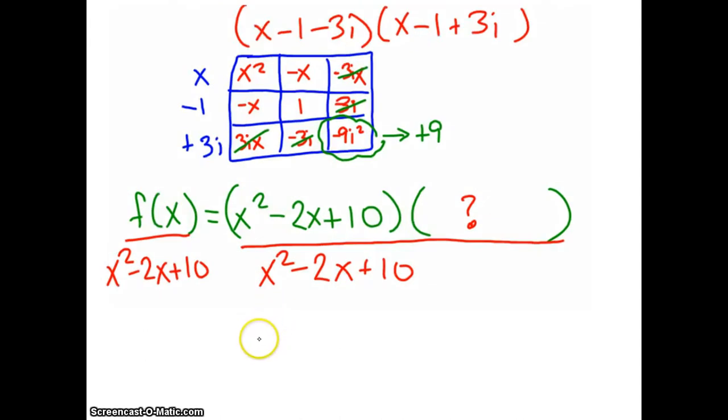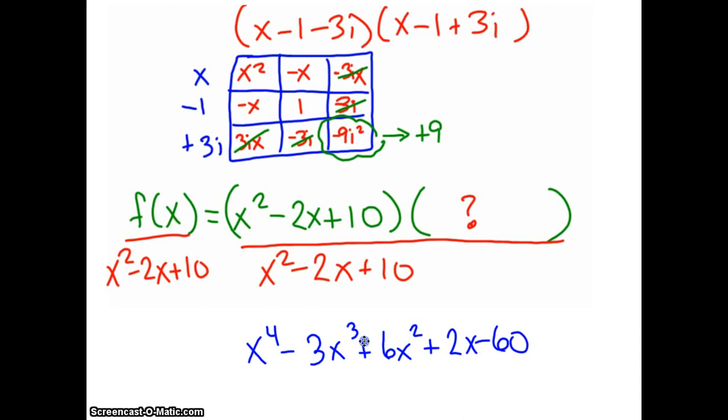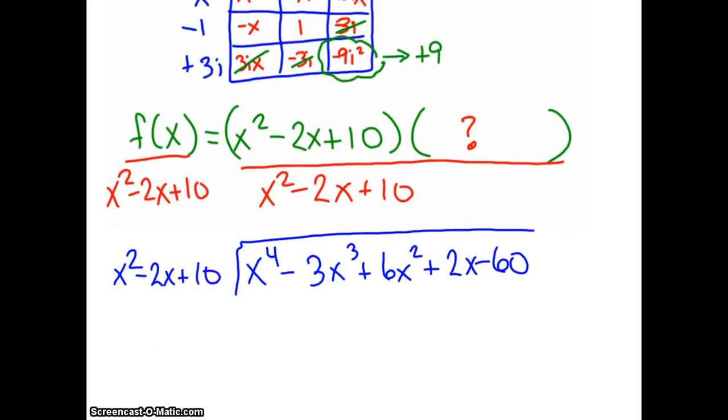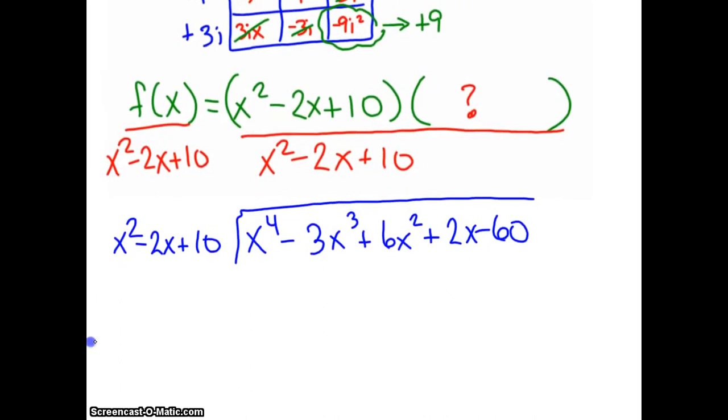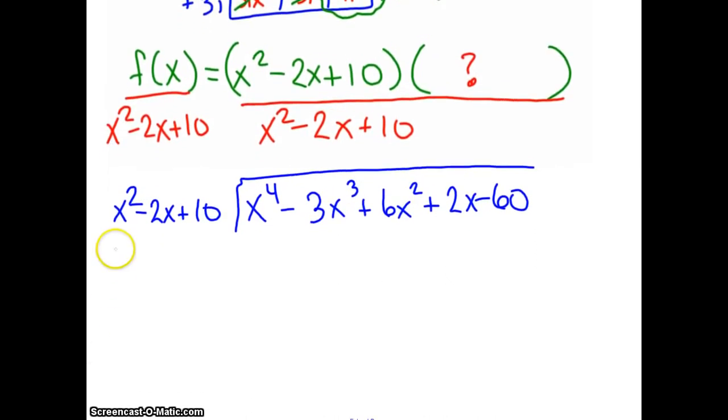Okay, so we have x to the fourth minus 3x cubed plus 6x squared plus 2x minus 60 divided by x squared minus 2x plus 10. So we'll have to do long division here because we're dividing by a quadratic.